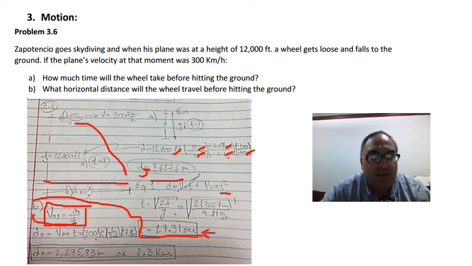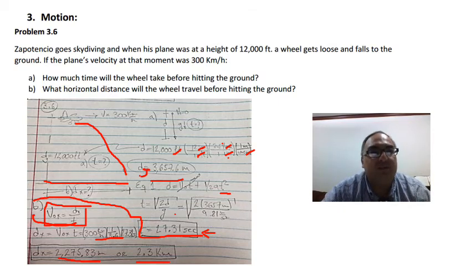We plug in the numbers here: 300 times 1 over 3.6, which is the conversion for kilometers per hour to meters per second. And then we have the time, which is 27.31. We already have it here. So we get dx is 2,275.83 meters, or 2.3 kilometers. Basically, that is it.